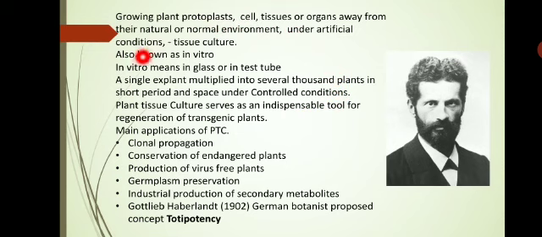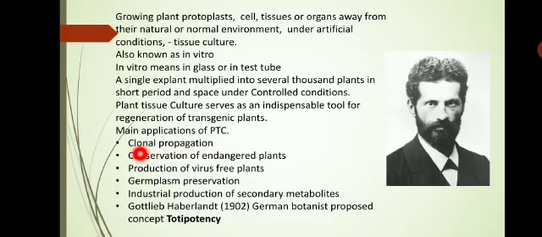In plant tissue culture there are many applications, but in our day-to-day life activity, for human survival, there are some main applications. The first one is clonal propagation. What is the meaning of clonal propagation?